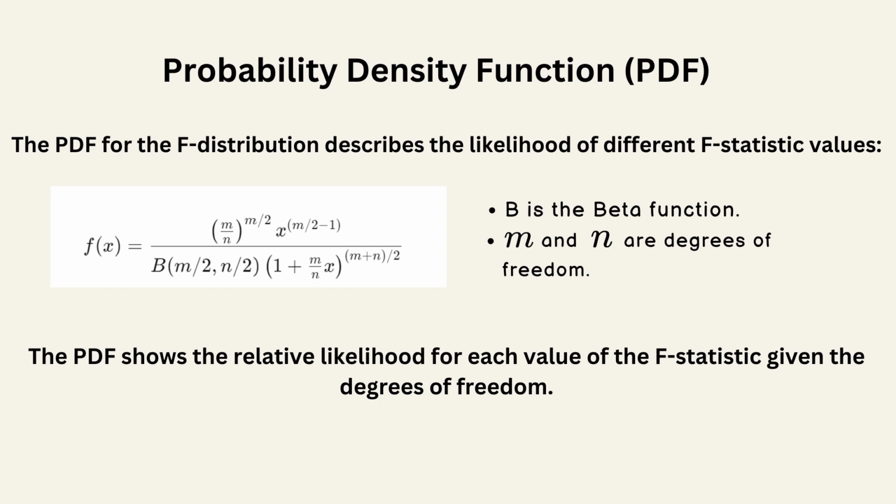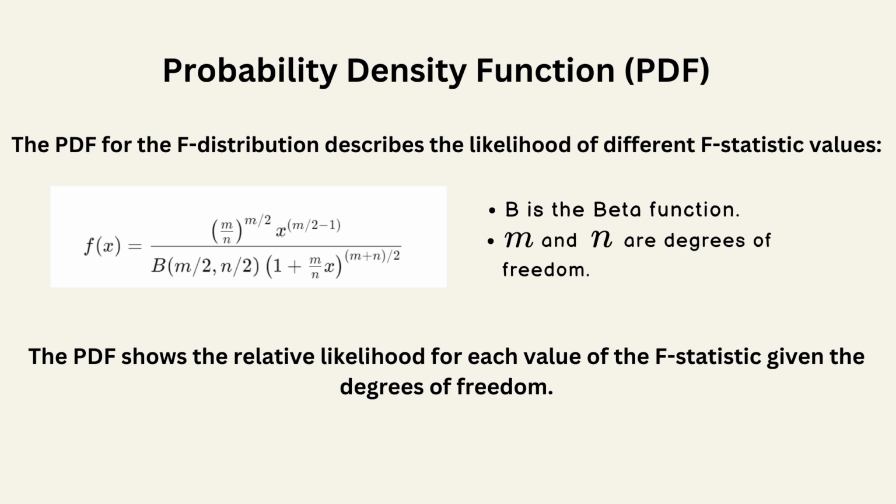Next, let's discuss the probability density function, or PDF, for the F distribution. The PDF describes the likelihood of obtaining different values of the F statistic based on the degrees of freedom. It provides a visual representation of how the F statistic values are distributed. The formula for the PDF includes the beta function, which helps to account for the shape of the distribution.